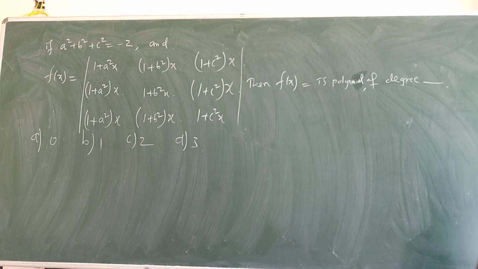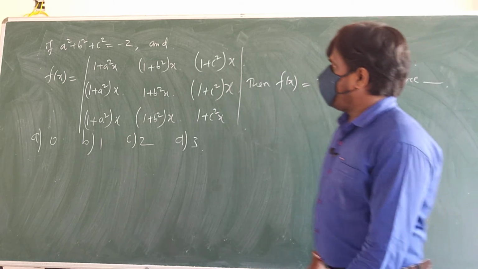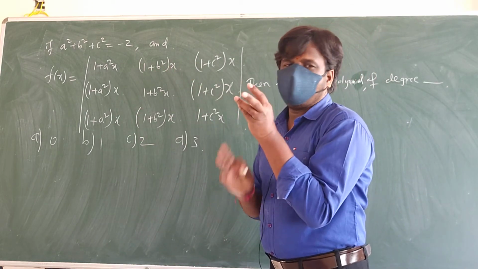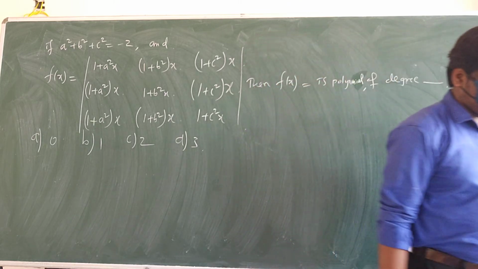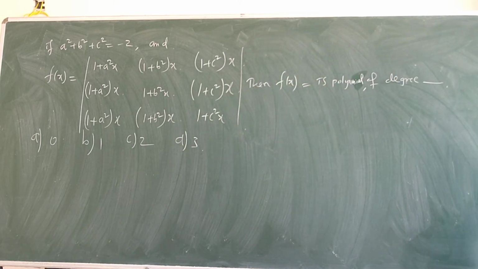Okay sir. So now what do we think? See, you tell me such values that the sum should be minus 2. Think and tell me A, B, C values so that the sum is minus 2. I too don't know, you should tell. Iota.